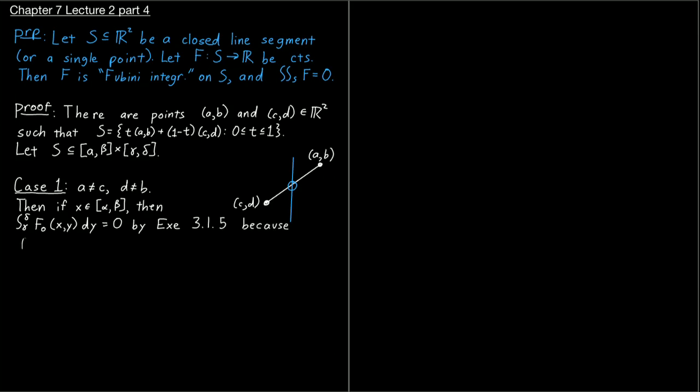Because the function f of y, that's the one-dimensional function that's f naught of xy, is 0 for almost every point, and is non-zero for at most one point.